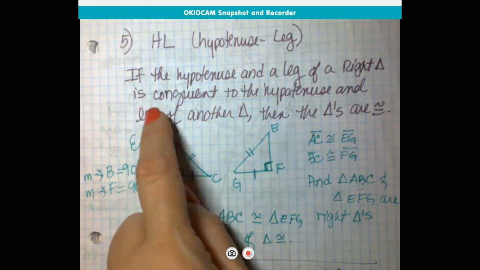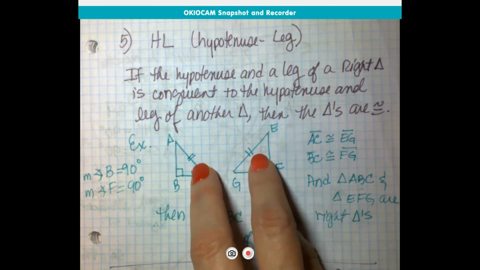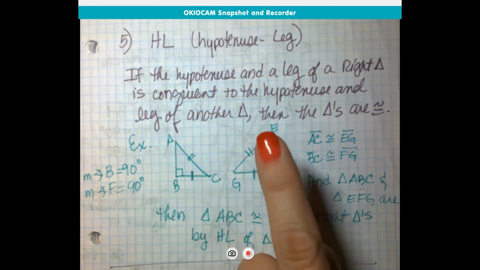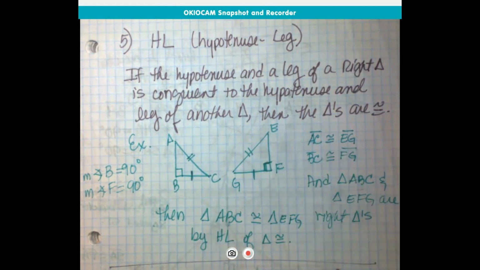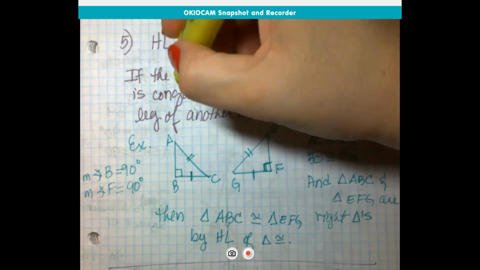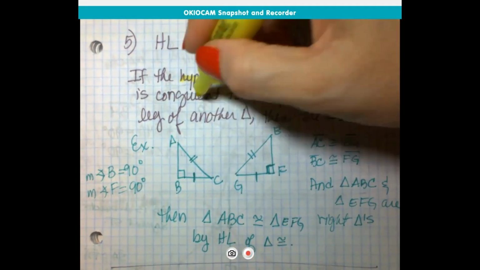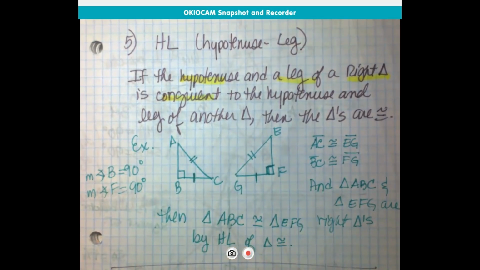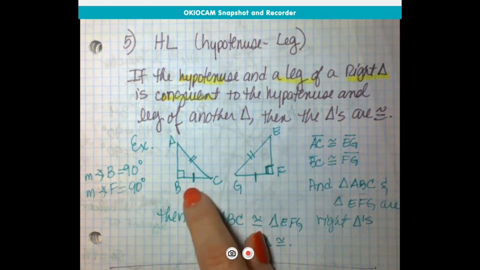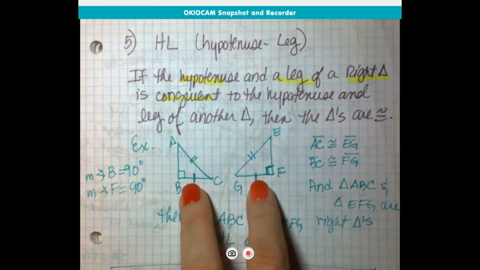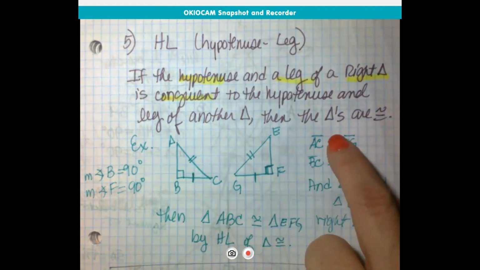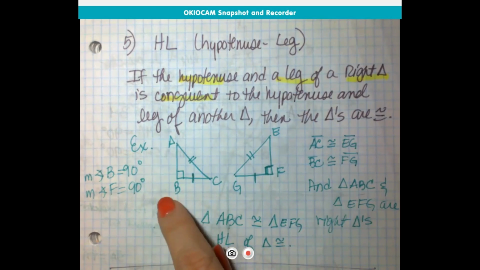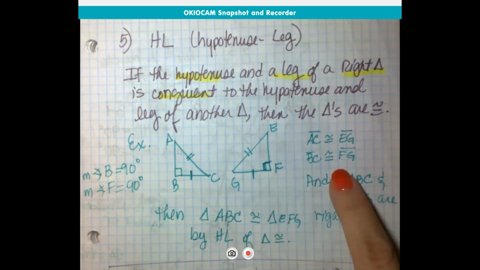So they say, if they give you the hypotenuse and a leg of a right triangle congruent to the hypotenuse and leg of another right triangle, then the triangles are congruent. So they give you the hypotenuse and then they give you a leg. All right. So that's why I'm saying that AC is congruent to EG and that BC is congruent to FG.